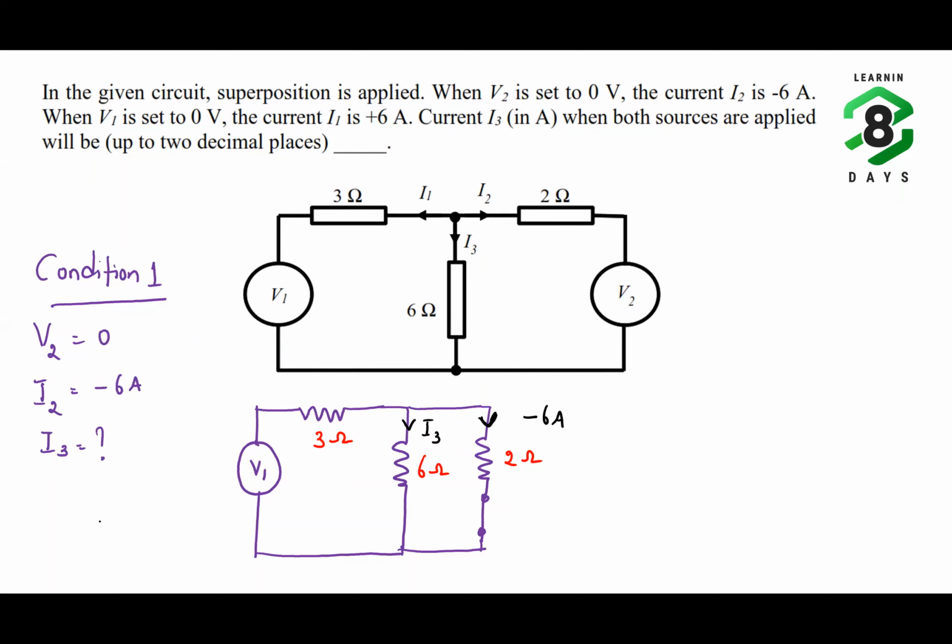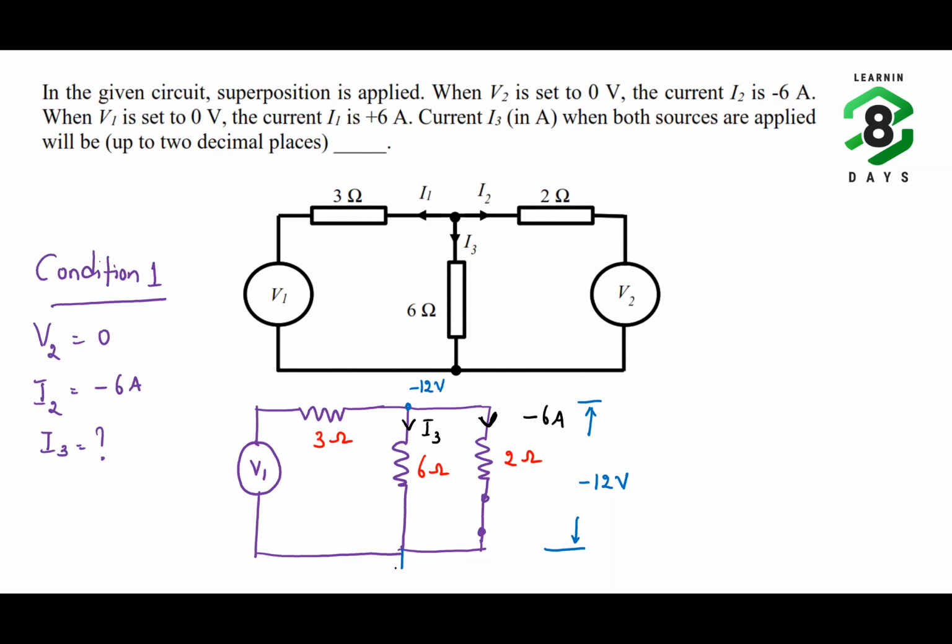Very simple. Here what is the voltage across this 2 ohm resistor? It is 2 ohm multiplied by minus 6 ampere. The voltage across the 2 ohm resistor will be minus 12 volt. Since the 6 ohm and 2 ohm are in parallel, the same minus 12 volt will be across the 6 ohm resistor. So here also the voltage is minus 12 volt.